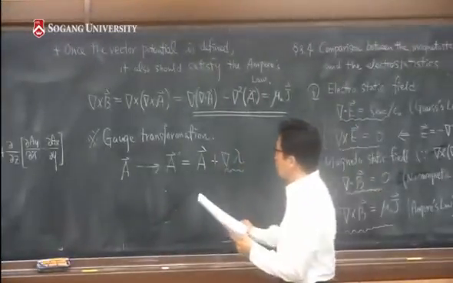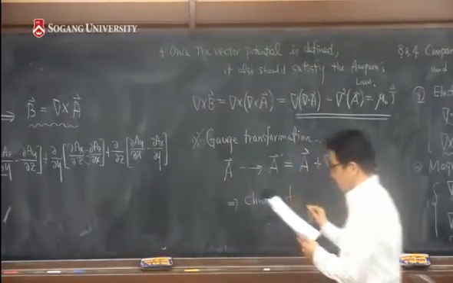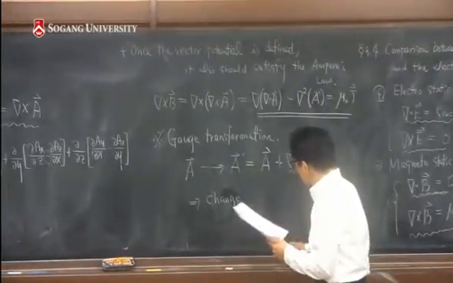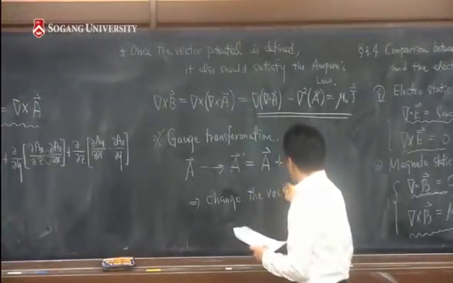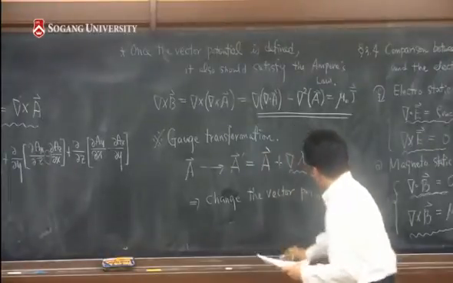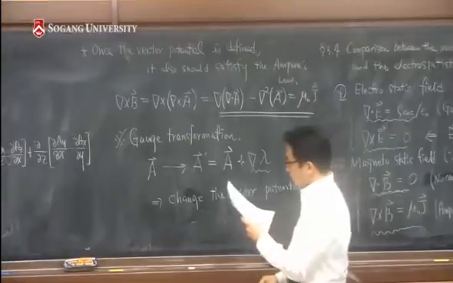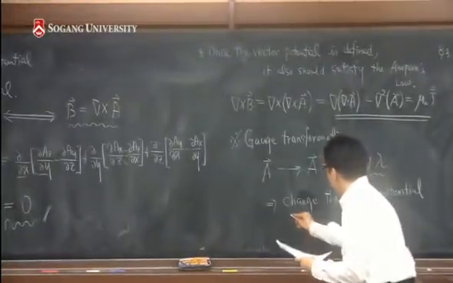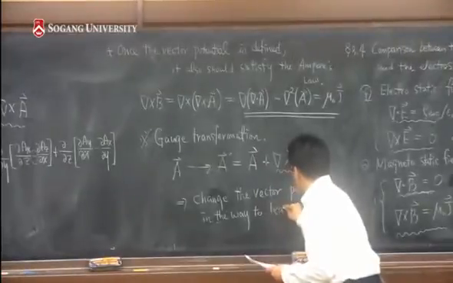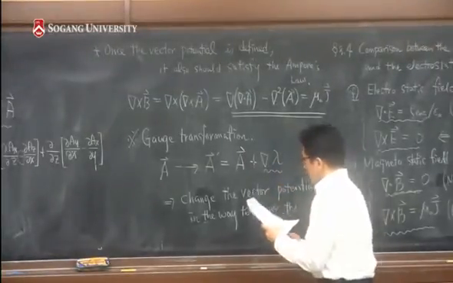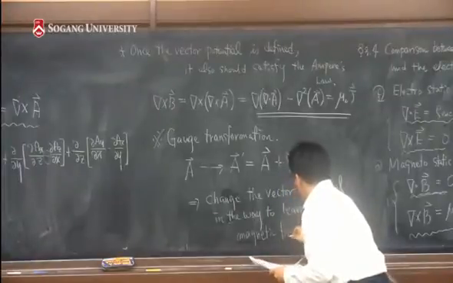So the gauge transform is a description of the change of the vector potential while keeping the magnetic field invariant.